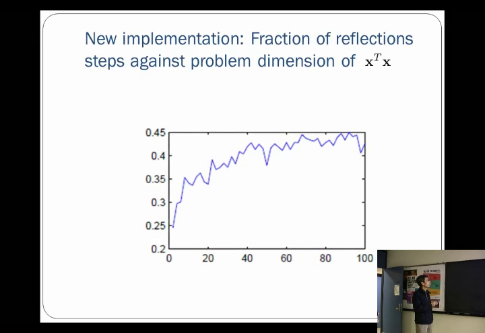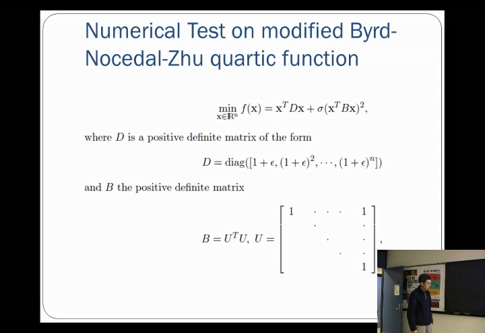Perhaps this new implementation will perform better. So let's see. Like any other numerical algorithm, we often test a new algorithm on some standard test problems. Here's one. This is a quartic function. D is a diagonal matrix.